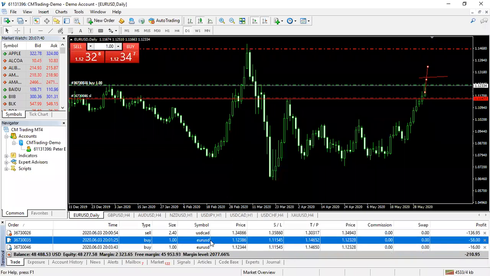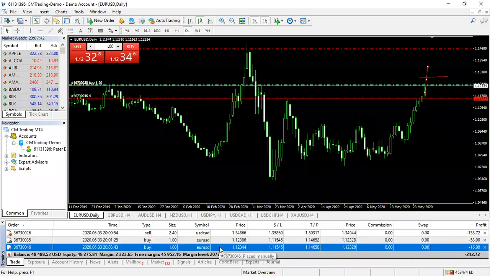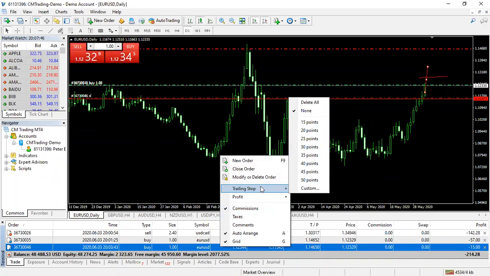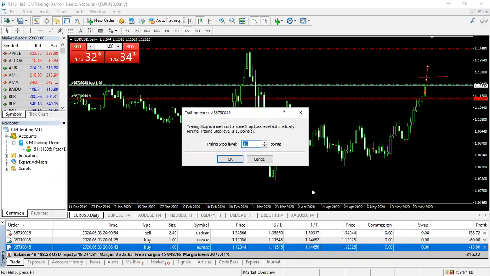Unakuja kwa that specific trade, let's say ni hii. Okay, then trailing stop. Okay, so you can customize it. These are points. Okay, kuna points depending on trade yako vile unataka ifuato, but what I'll tell you ni kama 15 points behind it.